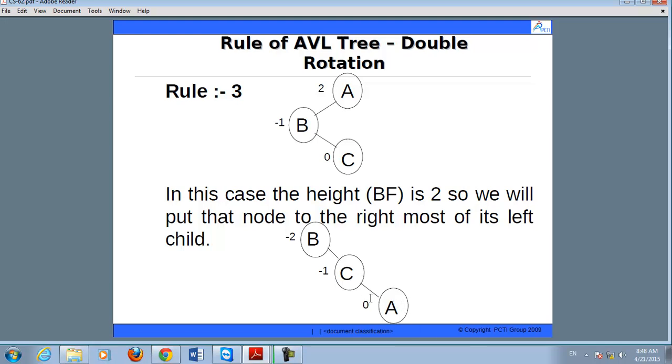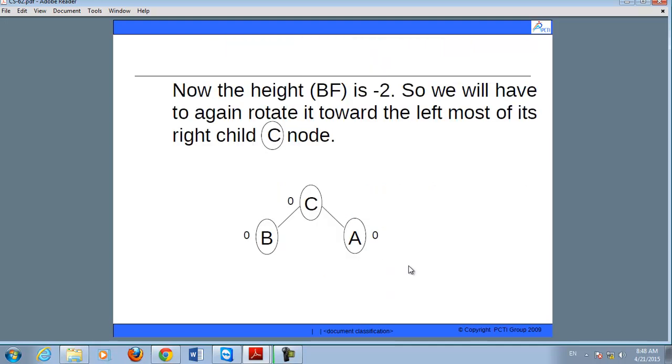Now if you want to check, the balancing factor of A is 0, that is 0 minus 0, and the balancing factor of C is -1, that is 0 minus 1, and balancing factor of B is -2, that is 0 minus 2. Now again it is unbalanced because the balancing factor is -2. Then what you have to do, you have to again perform the rotation operation.